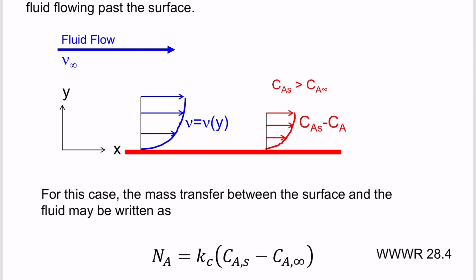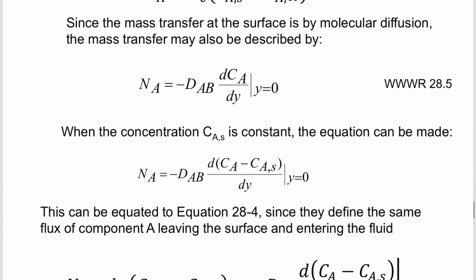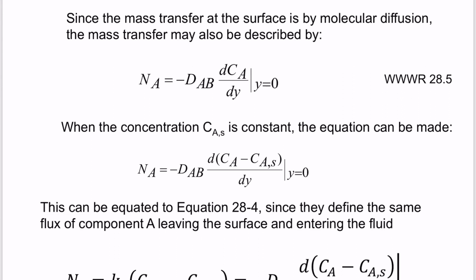Okay, so let's go back to the flat plate. We've seen this before. In this case, the mass transfer between the surface and the fluid may be written as this expression. Nothing new here. Here's the mass transfer flux, the convection coefficient, and the difference in concentration. Now, we can also write that using Fick's first law.